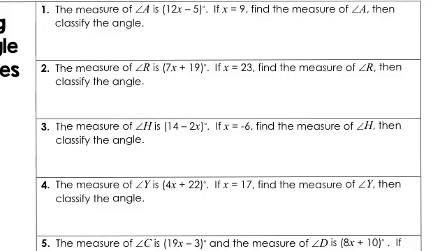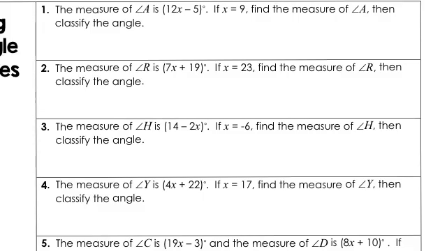Sometimes there are missing pieces of the puzzle. You don't know the full measure of the angle. We know that angle A is 12x minus 5. And we also know that x is 9.